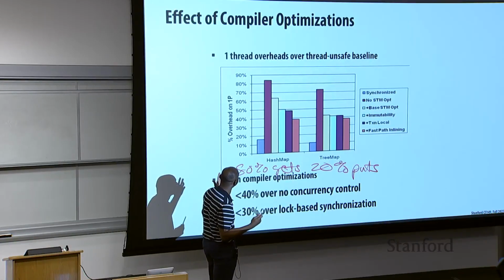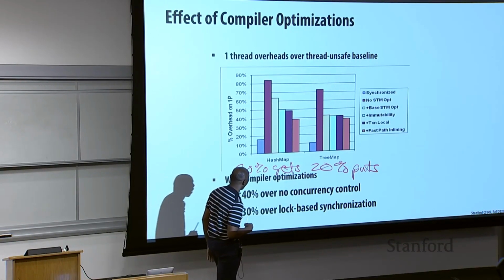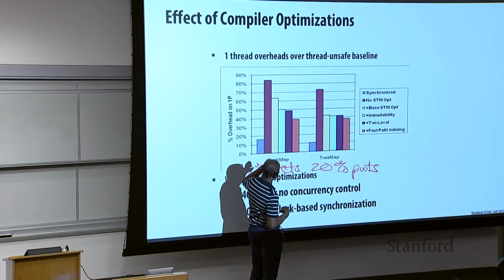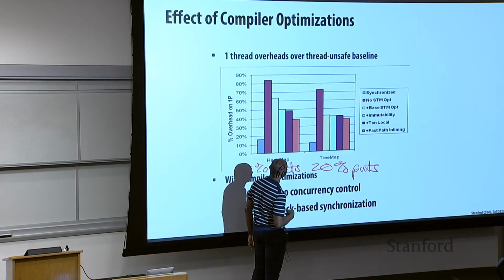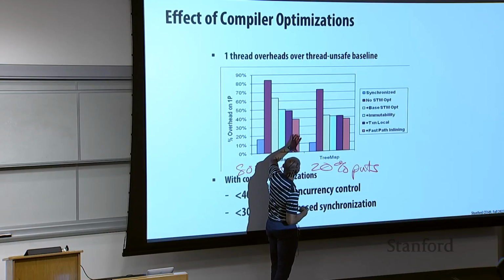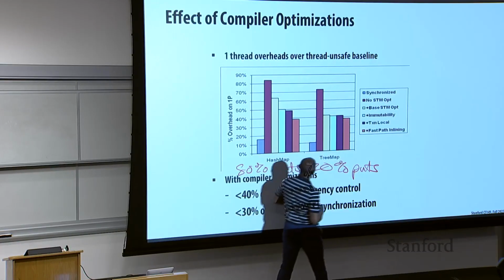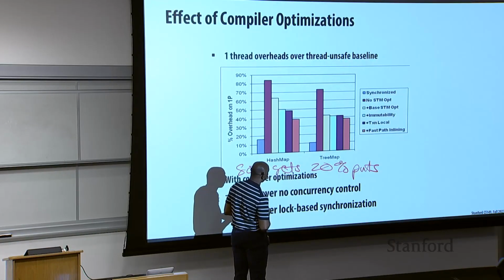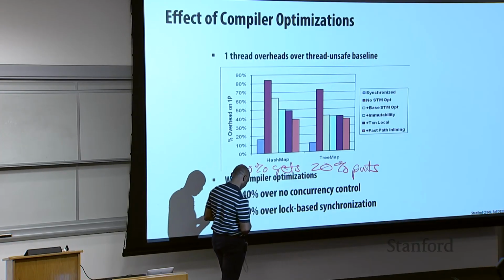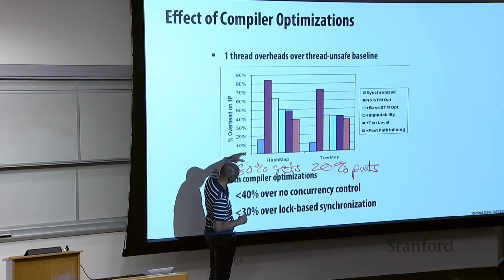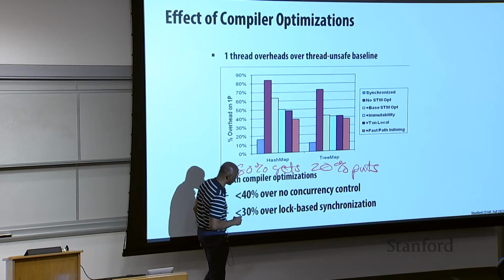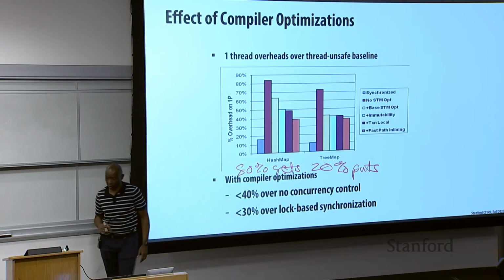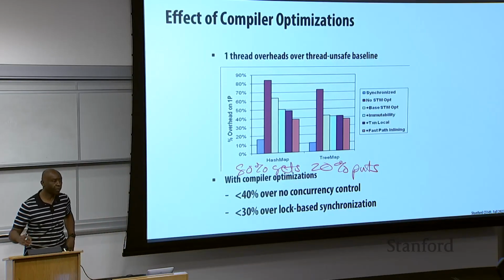So then you get 70 to 80% overhead on a single processor. However, if you combine an STM with compiler optimizations, the overhead comes down dramatically, as shown by this pinkish orange bar. And then the overhead is roughly 40% over no concurrency control and 30% over a single coarse grain lock-based synchronization.